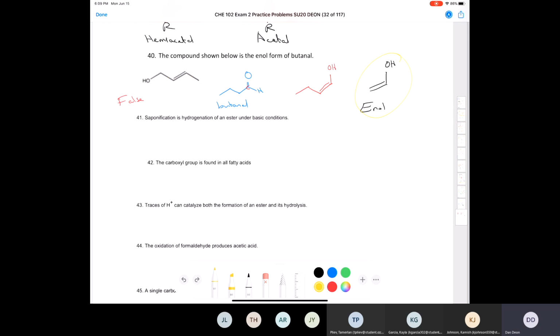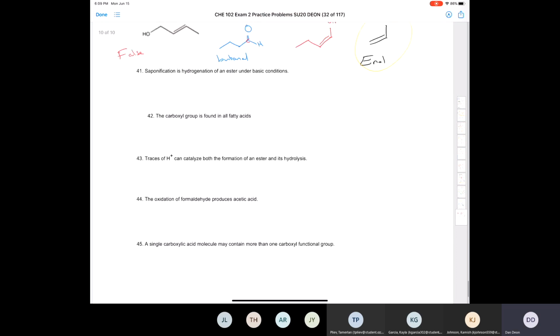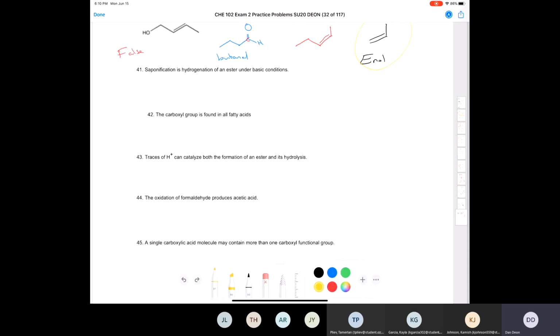Okay? Saponification is the hydrogenation of an ester under basic conditions. Who could fix that statement? It's false. Who could repair this statement for me? Saponification is the what of an ester under basic conditions? Hydrolysis, exactly. It's the hydrolysis.